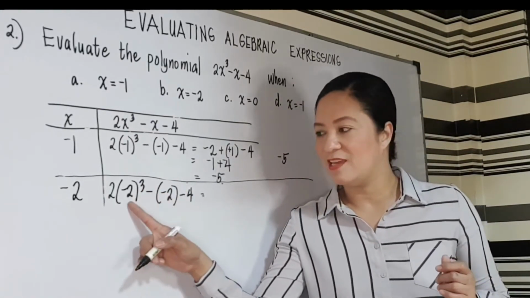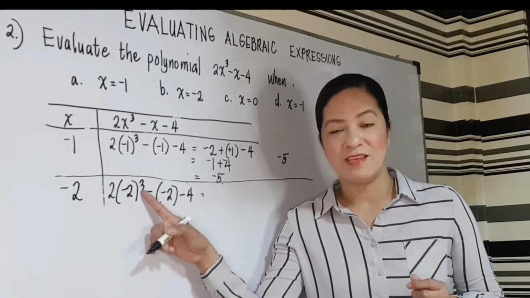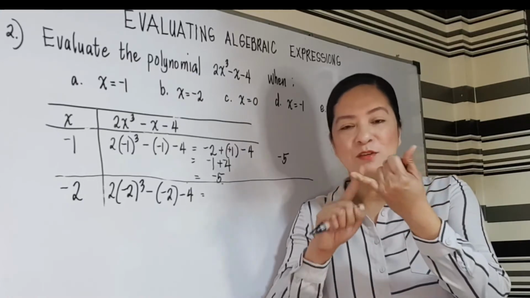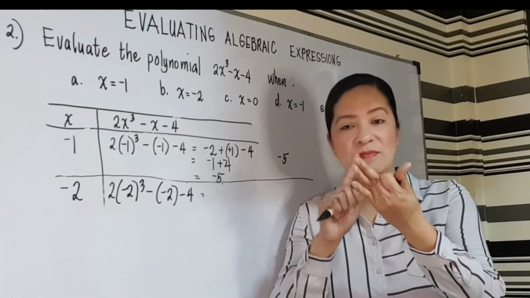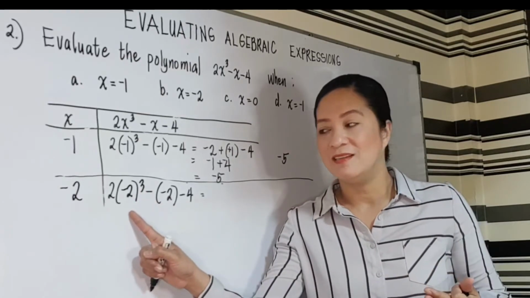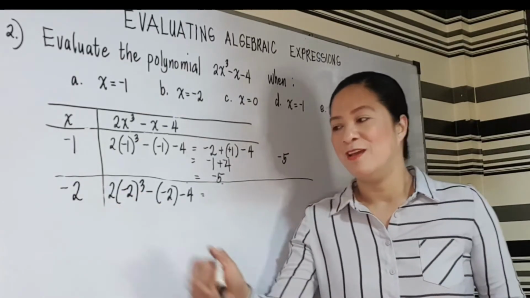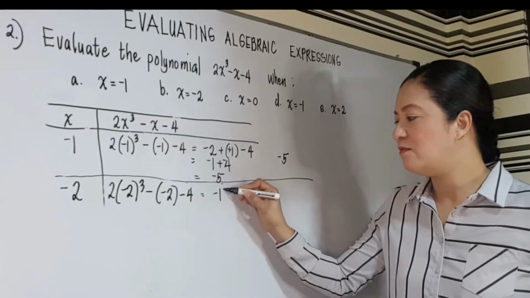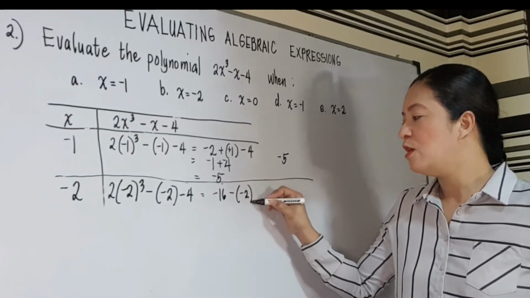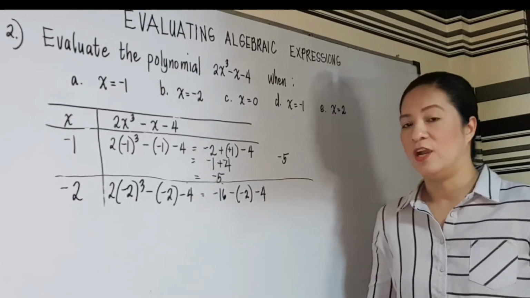Your base is negative, your exponent is odd, so the sign of the answer is negative. So 2 times 2 is 4 times 2 is 8. So this is negative 8 times 2. So that's negative 16 minus negative 2 minus 4.